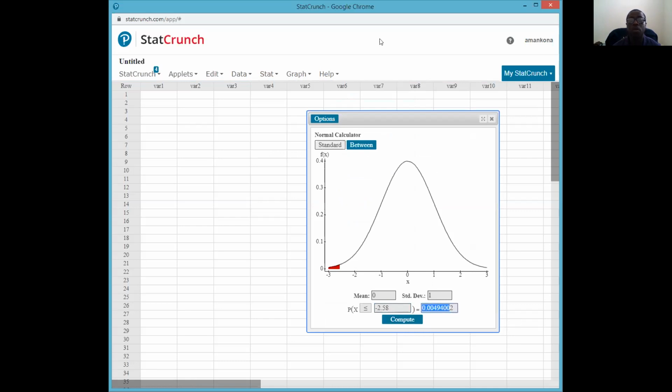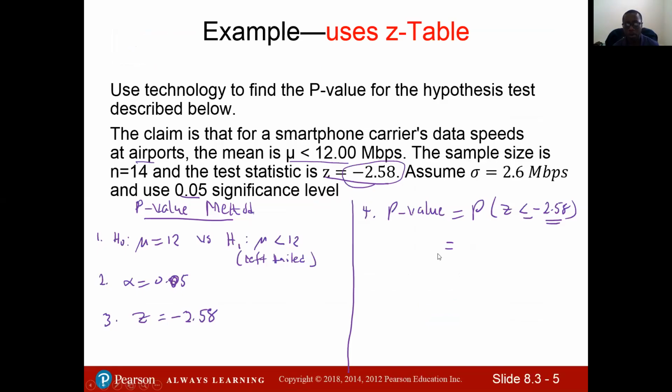Going back to our problem, the p-value in this case is 0.0049. Step five, what is our decision? The p-value 0.0049 is less than the alpha value, which is 0.05, and so in this case we reject H0.